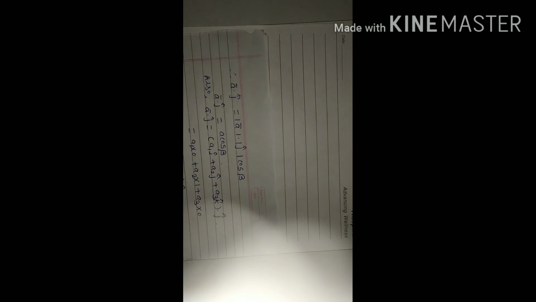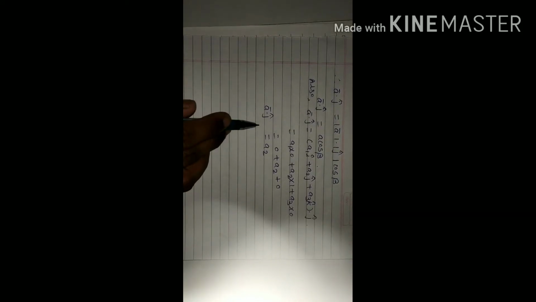Therefore, A bar dot J cap is equal to A cos beta and also equal to A2.